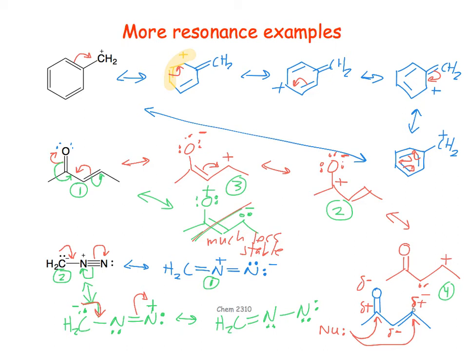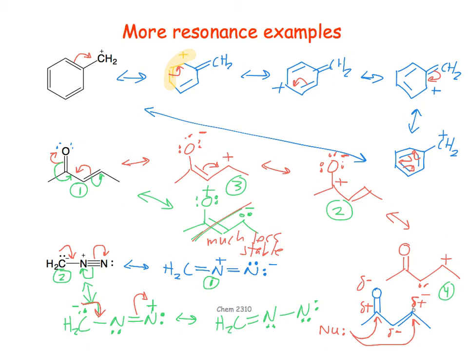And the bottom two, I guess we would say the one on the right, because both of these structures have an atom that doesn't have enough electrons.